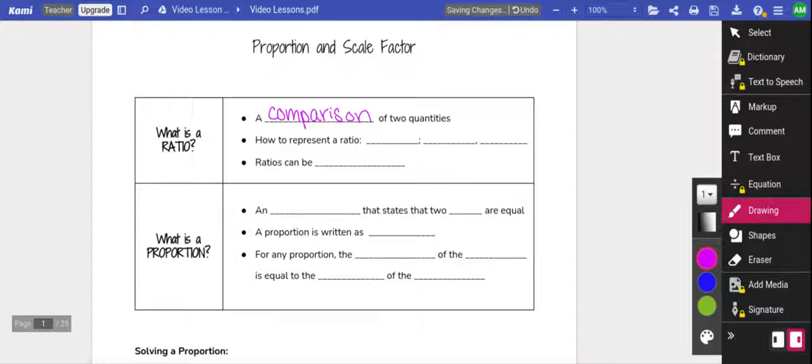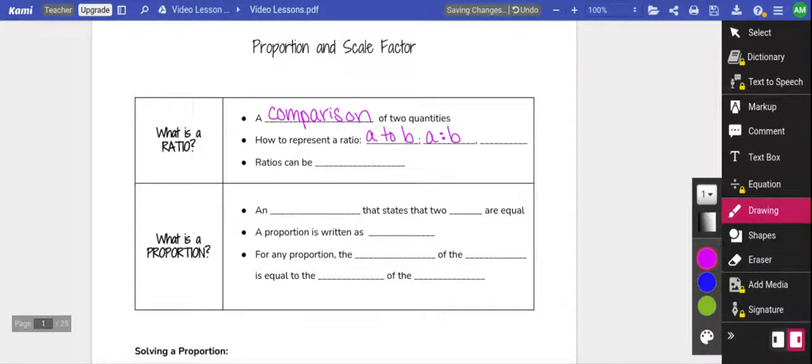There are three ways to represent a ratio. They're each said the same way, but written differently. The first would be something like A to B using words. Another way is using a colon.